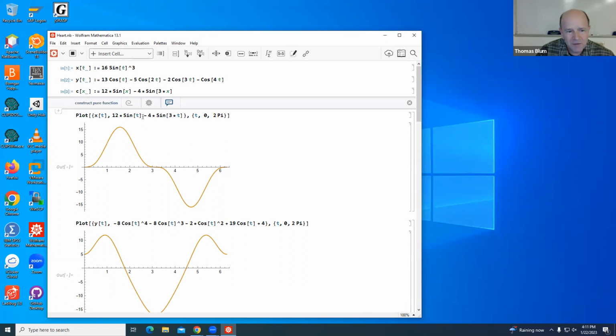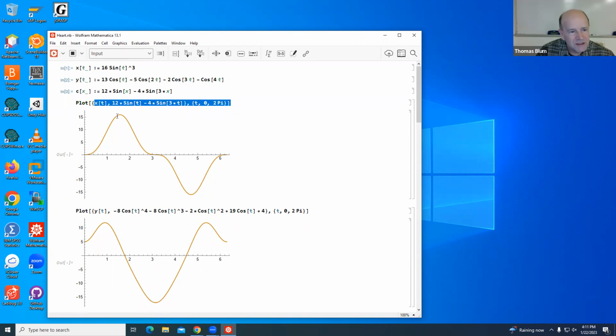Okay, and now I'm plotting two functions. So I'm doing a plot of two mathematical functions. Here is a list of two mathematical functions, my x of t, and this function, I re-entered it now as a function of t, and I'm plotting it from 0 to 2 pi with my t variable.